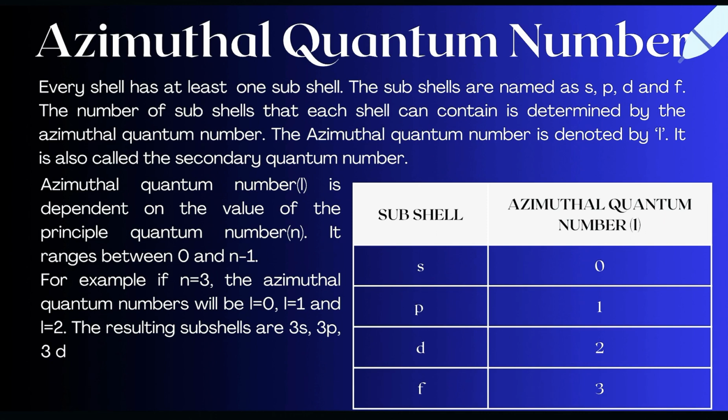How? For example, if the shell number or the principal quantum number n is equal to 3, the possible azimuthal quantum numbers are l = 0, l = 1, l = 2, and that results in the subshells 3s, 3p and 3d.